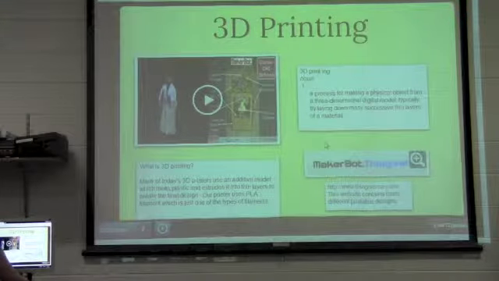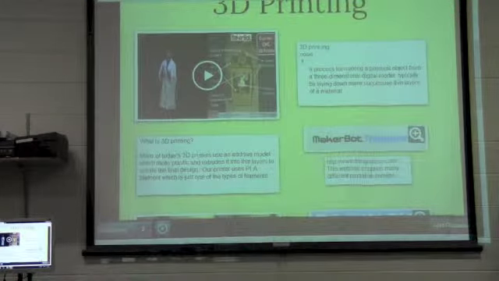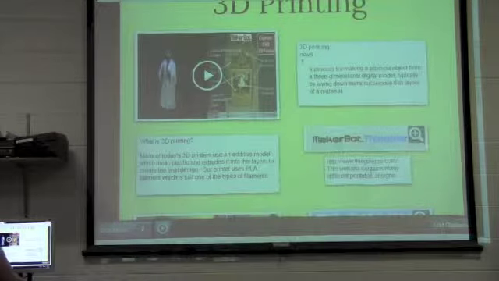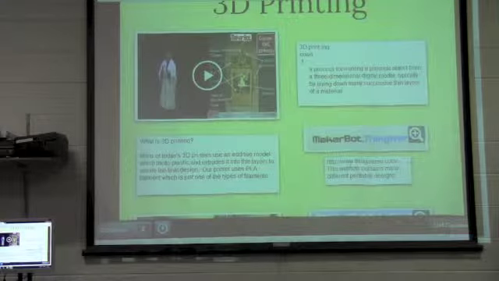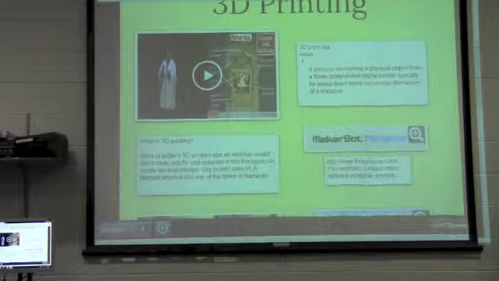There is a really awesome website called Thingiverse. And I'm going to show you that today because you're going to be printing two different things over the next 4 weeks. One, you're going to be printing something that you designed yourself using either Lee from last week, or I'm going to show you a new program today. And two, you're going to be printing something that someone else has already made.